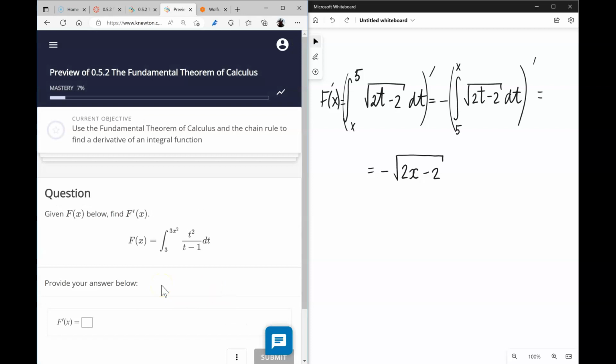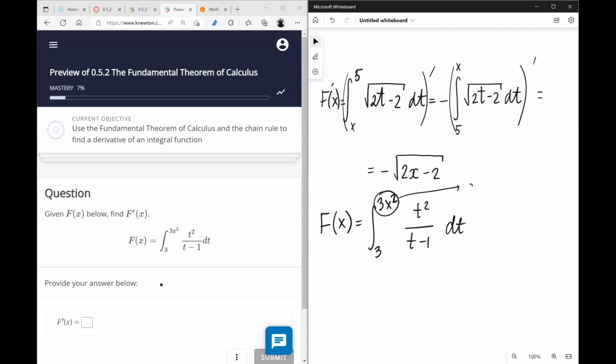This is the combination of the fundamental theorem of calculus and the chain rule. So when the function in the limit is not just x but some function, what we do according to the fundamental theorem of calculus is we plug in that function into the integrand and then multiply by the derivative.